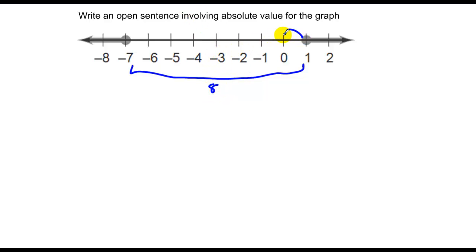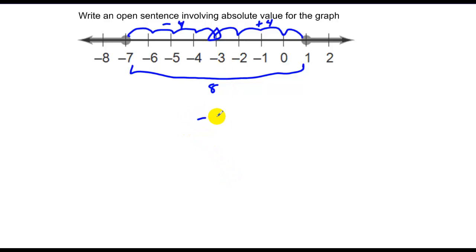So 1, 2, 3, 4, which puts me at negative 3. And then 4 more, 1, 2, 3, 4, is my equidistant space. So now I've got this central number, and I'm varying positive 4 from one side and negative 4 from the other of negative 3.